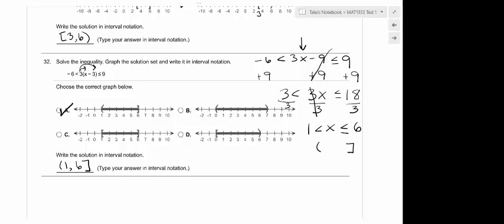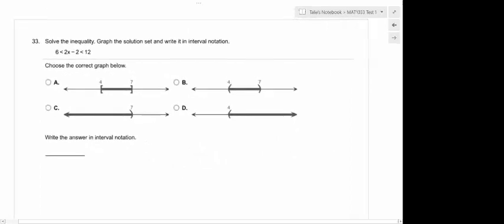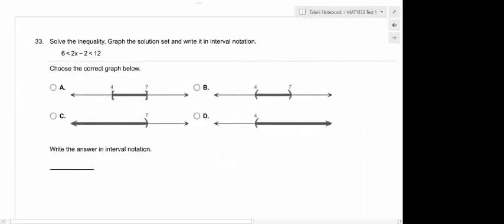Perfect. Okay, then I believe we have one more. 6 is less than 2x minus 2 is less than 12. So what would you do first here? I would add the 2. Good. So what would that give you?